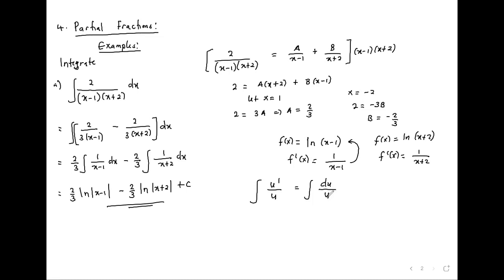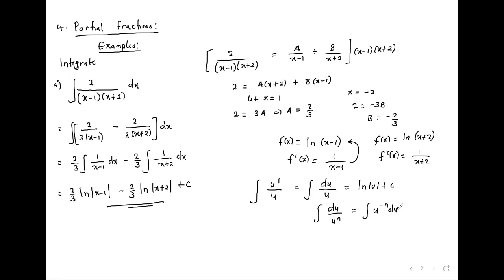This u down here, for you to use ln, must not be to any power apart from 1. When you find such a situation, the integral is going to be ln u plus c. But if you find that you have du over u power n, it is no longer ln; this becomes the integral of u power negative n du.